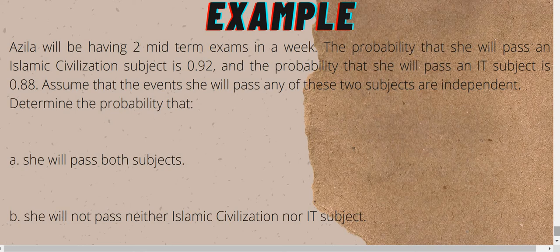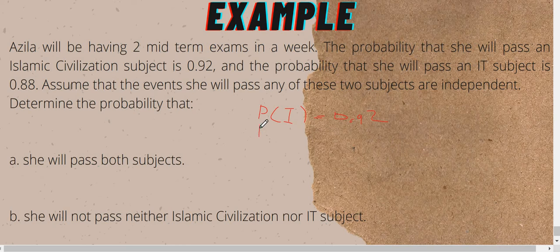The probability that she will pass an Islamic Civilization subject, I write this as P(I), I represent it as Islamic Civilization, is equal to 0.92. And then the probability that she will pass an IT subject is assumed to be 0.88.